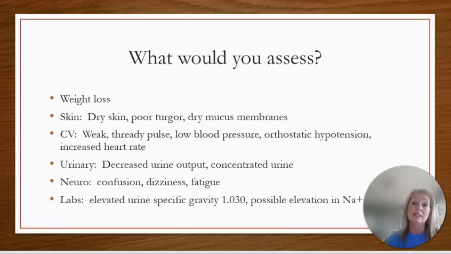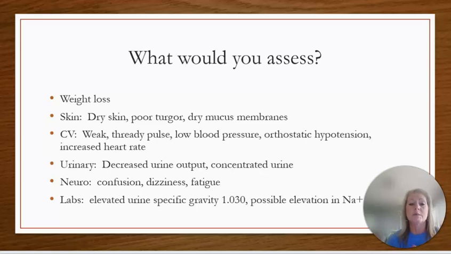But the labs are going to tell us a lot about what that patient is. So if we do a urine dip on that patient and their specific gravity is over 1.030, or it is 1.030, that's going to tell me that the urine is very concentrated, that we are dehydrated.